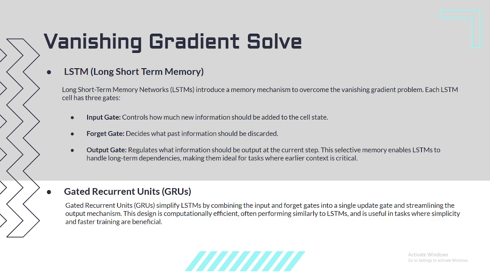So fewer gates mean faster learning and less computational load, yet surprisingly GRUs often match LSTM in performance on many tasks. So whether you want the full flexibility of LSTM or the speed and simplicity of GRU, both offer a way out of the vanishing gradient trap.